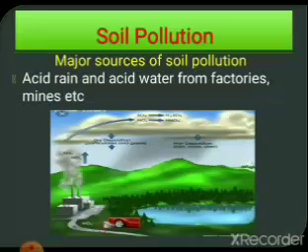So the foremost thing is acid rain and acid water from factories and mines. As you can see in this picture, gases like SO2 and NO2, sulfur dioxide and nitrogen dioxide, are released from factories, and automobile industries release nitrogen dioxide gas. These gases get collected at a certain level of the atmosphere.